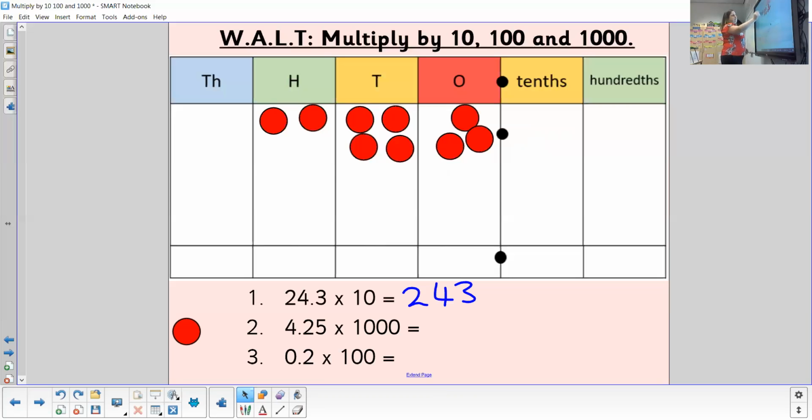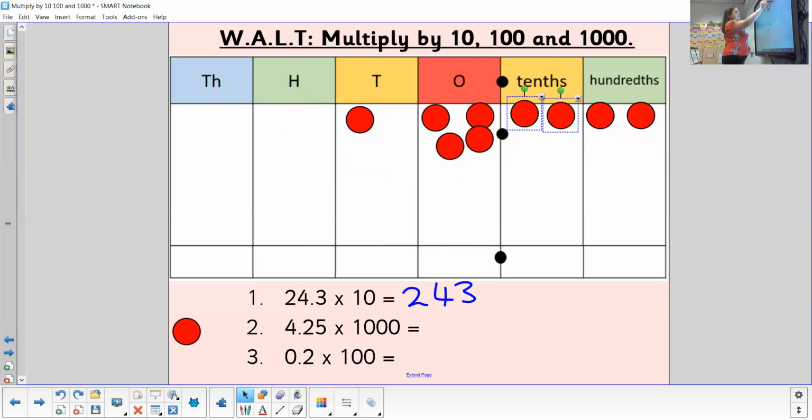Okay, 4.25 times 1,000. So I've got 4 ones. So let's put those together. 4.25. I've got 1, 2, 3, 4, 5 times 1,000.